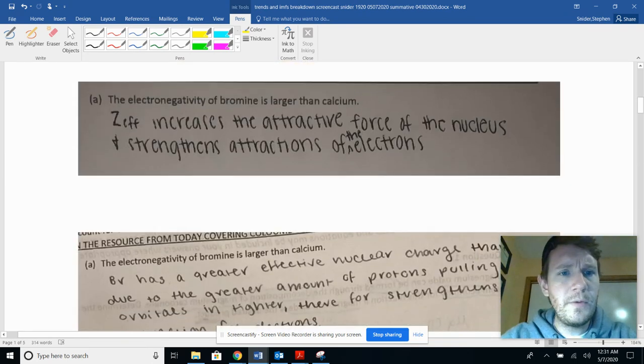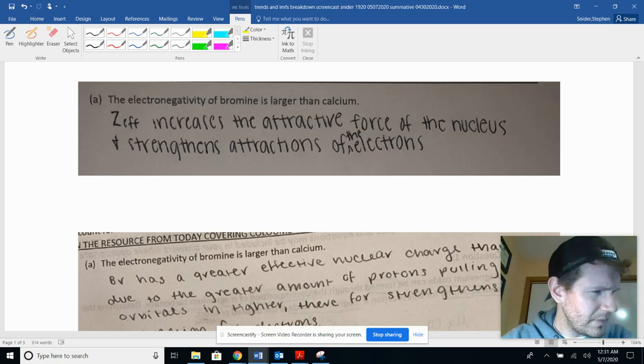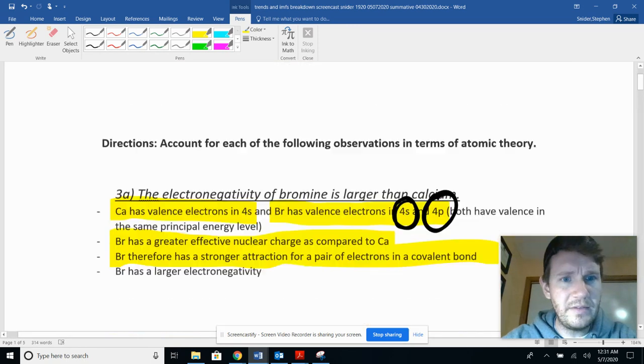In this next example, ZF increases the attractive force of the nucleus, this is true, and strengthens attractions of the electrons. Okay, that's not bad. What element are we talking about? So you need to get specific. You need to say that per the same principal energy level, because those two elements, is it potassium?